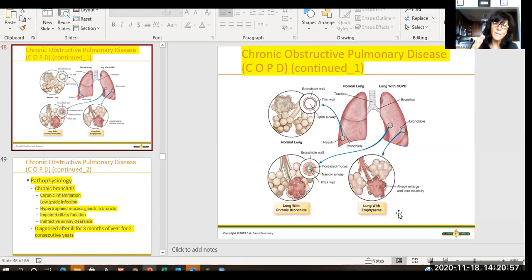So the air can get in, but they can't make that exchange and take the oxygen from it and put out the carbon dioxide. Okay, so that is why we're talking obstruction. The obstruction is that there's damage to some portion inside the lung that is blocking the ability of the carbon dioxide to get out. That's the obstruction. Okay.